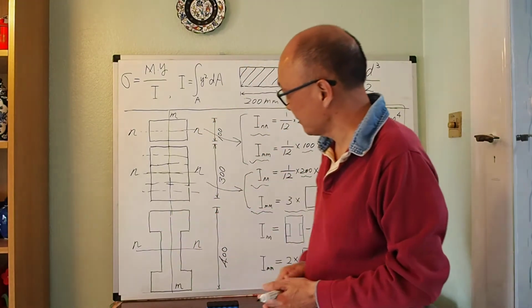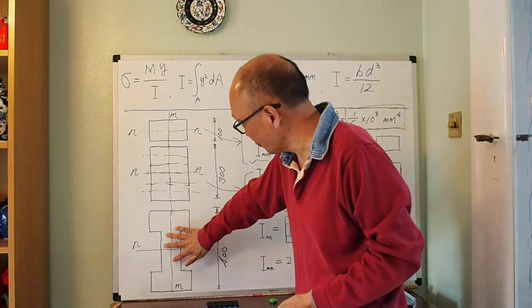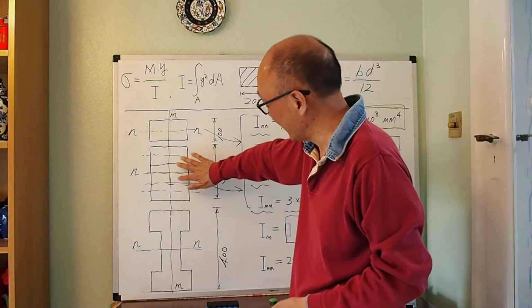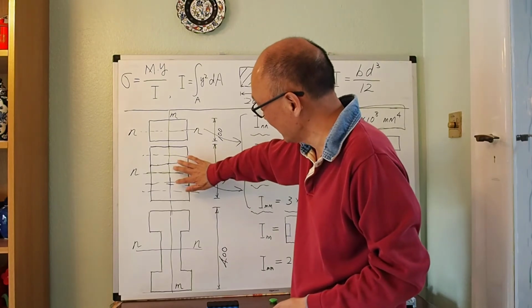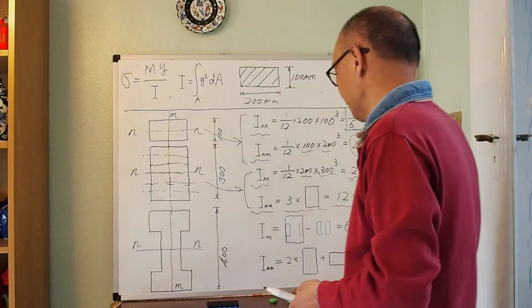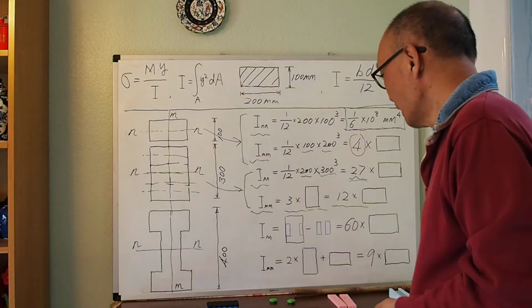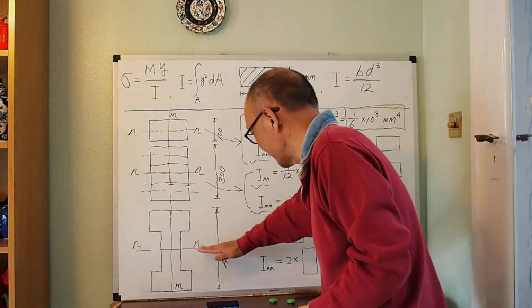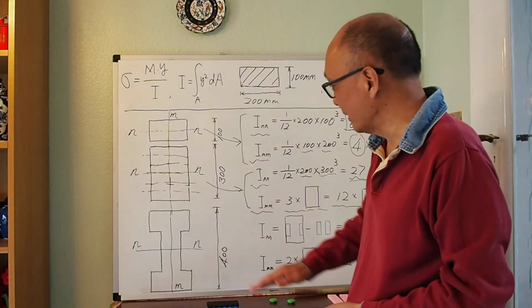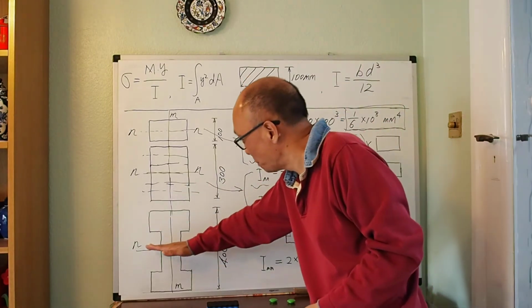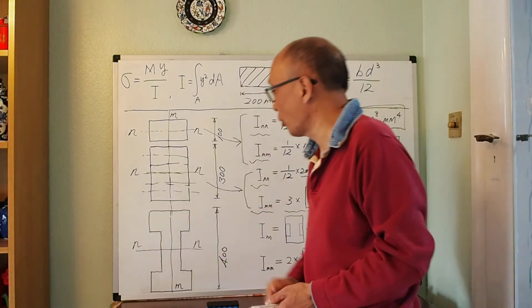But the volume of material you use in this case is exactly the same as this case, and is 3 times larger than the first case. So let's look at the neutral axis again. Remember, in this case, the whole section is forced to bend about this neutral plane.